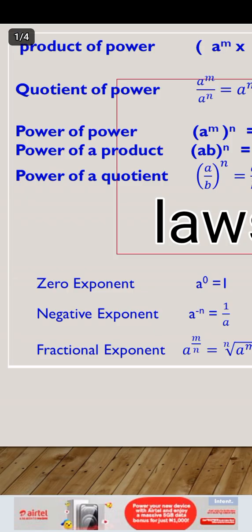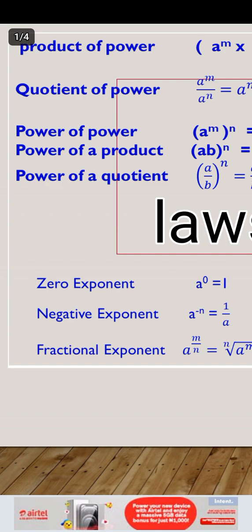In this case, we're talking about the application of brackets with indices. When there are brackets in indices, how do we do it? Power of power or power of a product. Now we talk of the power of 0. Then there are negative indices. And finally, we are going to discuss fractional indices.